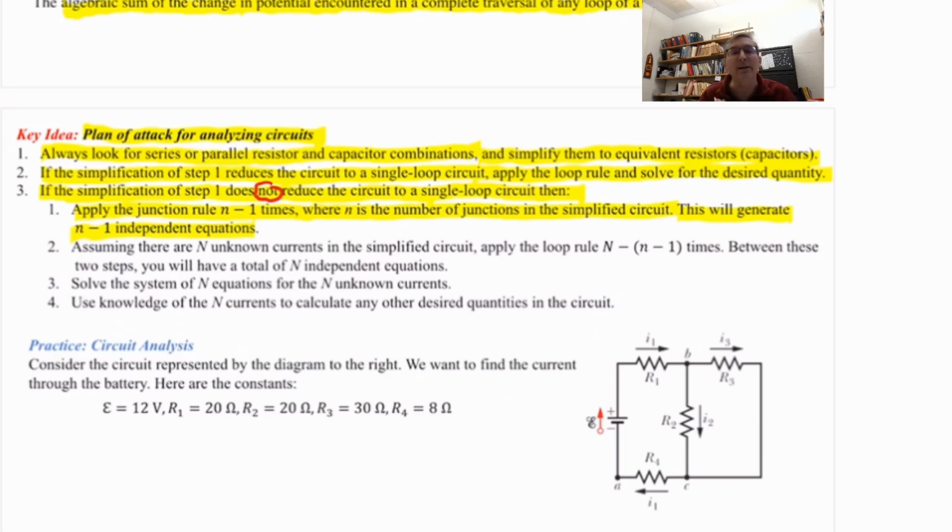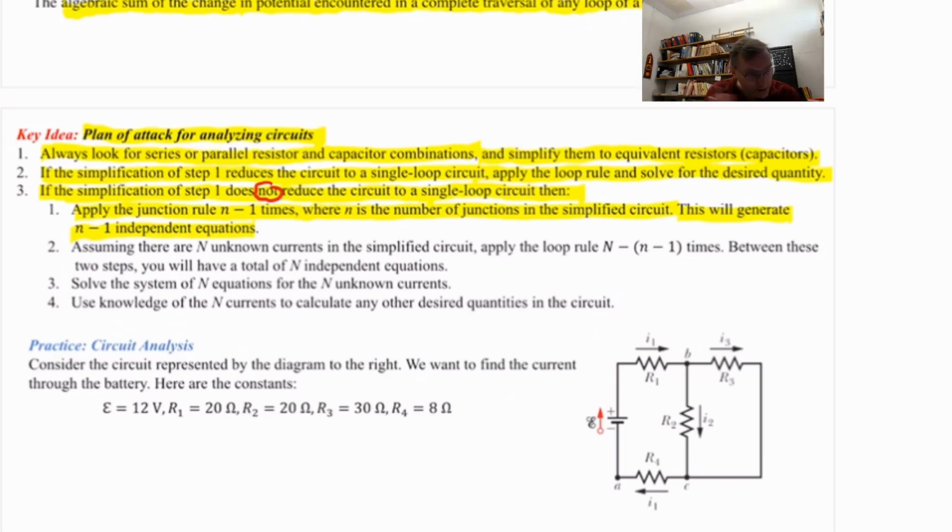Now you might be a little bit surprised that if I have a circuit with little n junctions, like a circuit with 2 junctions, why wouldn't I apply the junction rule 2 times? Apply the junction rule once to each junction. Well, it turns out, because it's really just a kind of a zero-sum game, you can't lose or gain any charge, that if you have, say, 2 junctions, and you apply the junction rule to both, you'll get the same equation.